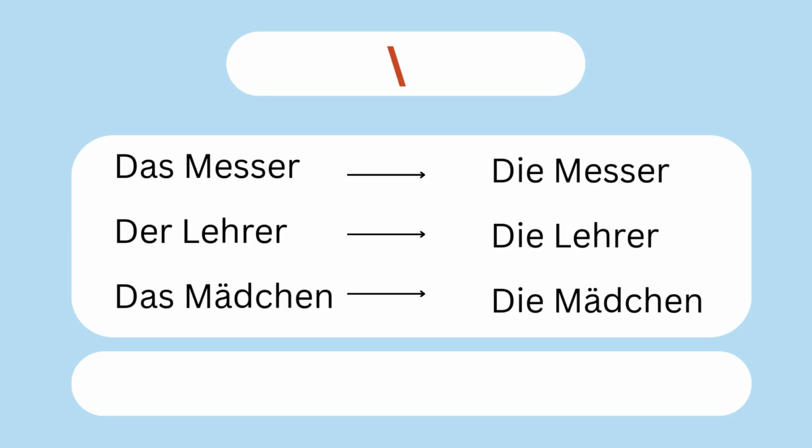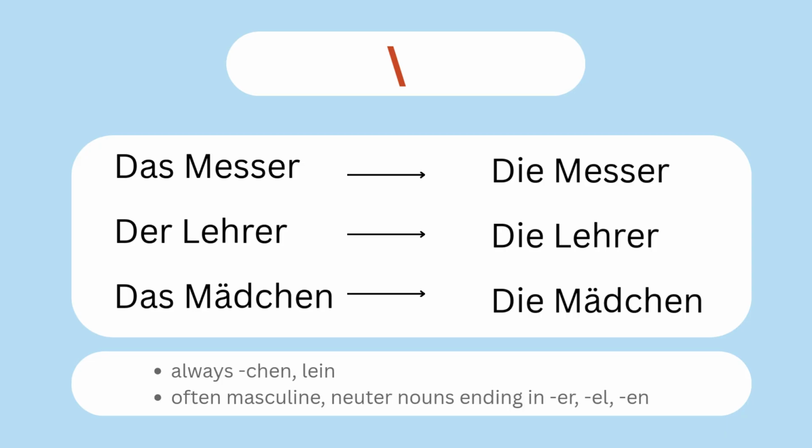Das Mädchen, die Mädchen. This rule does always apply to words ending with chen, like Mädchen, or lein. It also often applies to masculine and neuter nouns ending in er, el, or en.